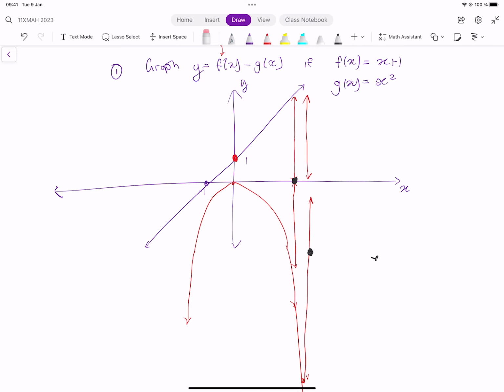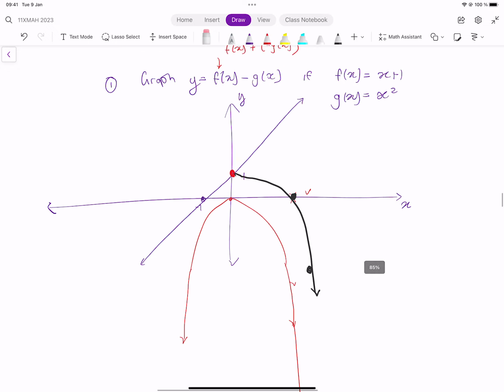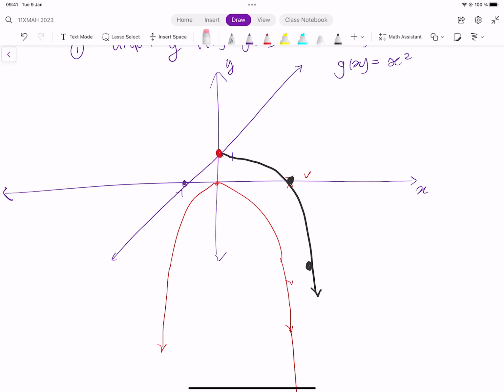It's probably even going to be more dramatic than I drew it. Yep, so we've got that. We agree that a parabola trumps a linear graph, so it has to go in the negative direction.